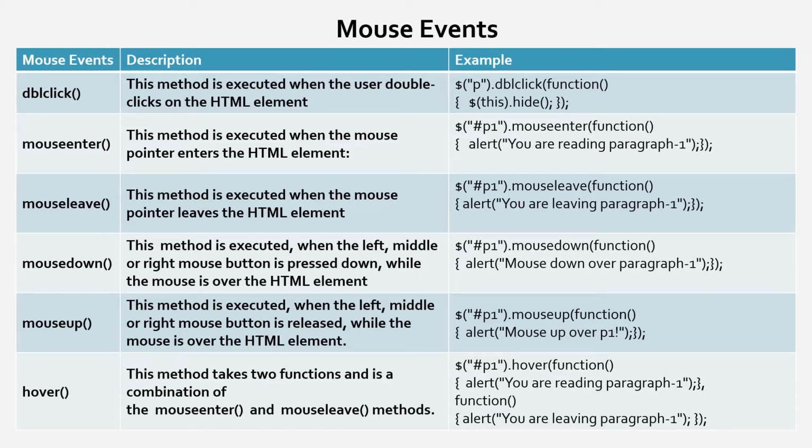Instead of discussing each and every program, I put it in a table so that it is very easy for you to understand. This is the double click event. The moment you double click, the same thing happens. You need to replace the same code, and that will work.